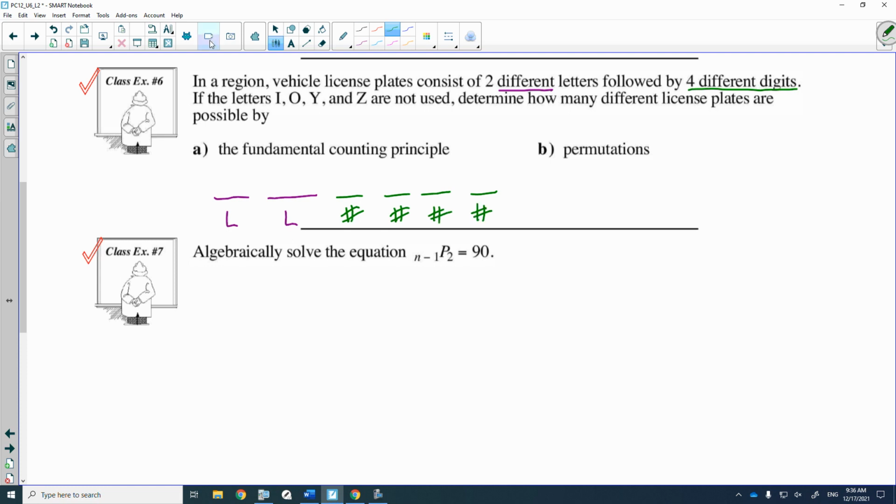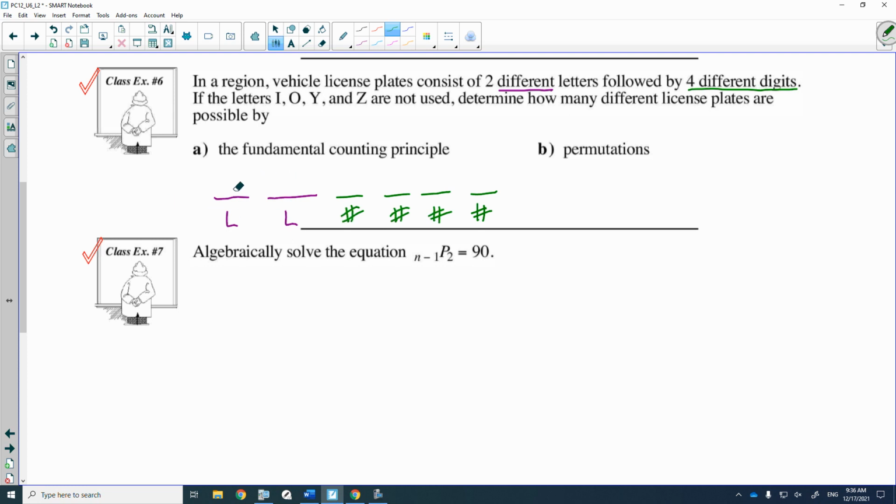And then what it says, if the letters I, O, Y, and Z are not used, so there's a restriction, how many different license plates are possible? Illustrate first using the fundamental counting principle.